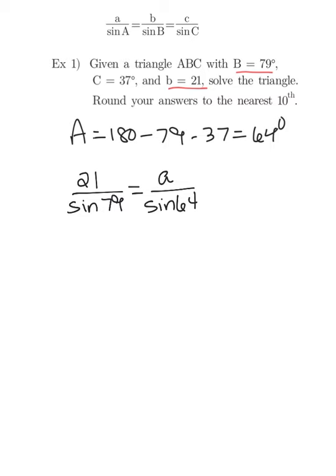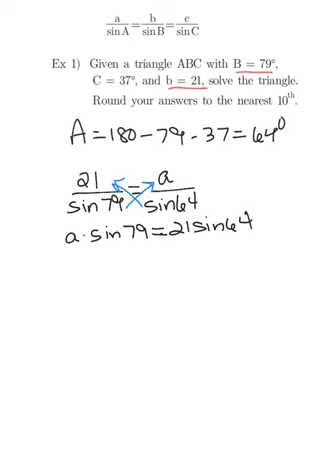So we need to cross multiply, which we can do here because we have a fraction equal to a fraction. If we cross multiply, we will have A times the sine of 79 equals 21 times the sine of 64.